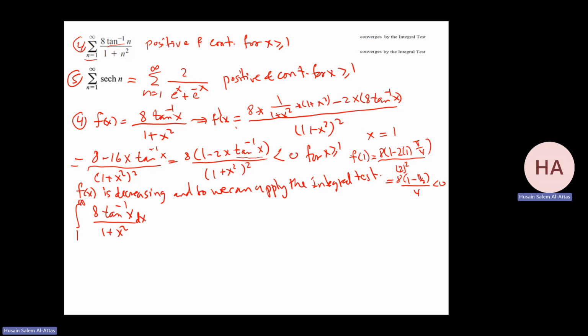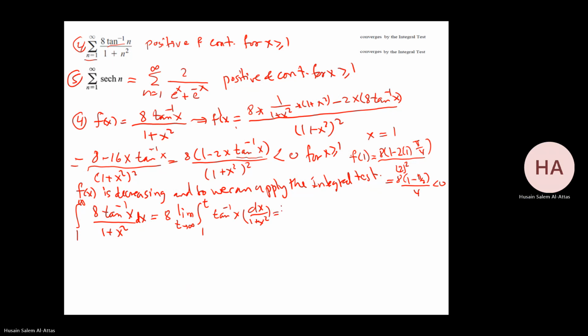Yeah, if I let u be tan inverse of x, that will be du. So I have 8 limit t goes to infinity, integral from 1 to t of tan inverse of x, dx over 1 plus x squared. This is my du. So I have u du.